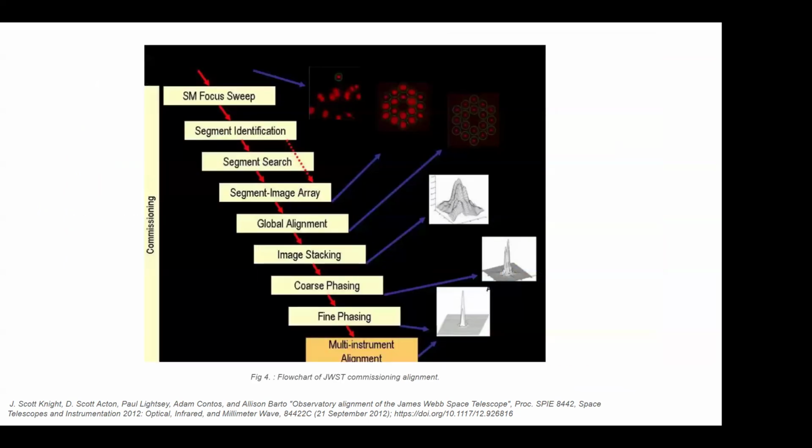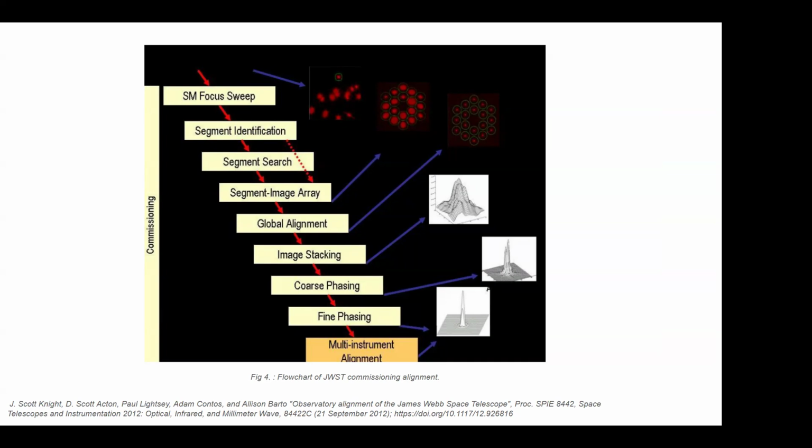And then here's just a flow chart of the commissioning alignment. So going from the first order, like secondary mirror focus sweep, trying to find the position of best focus, and then segment identification and fine phasing all the way to the instrument alignment.